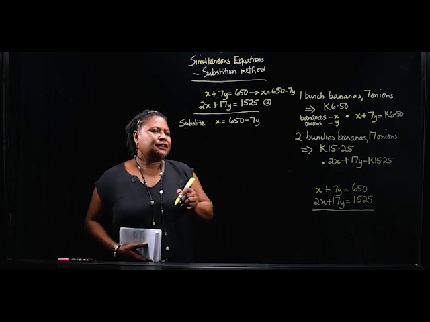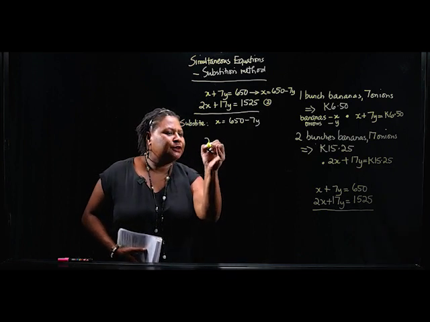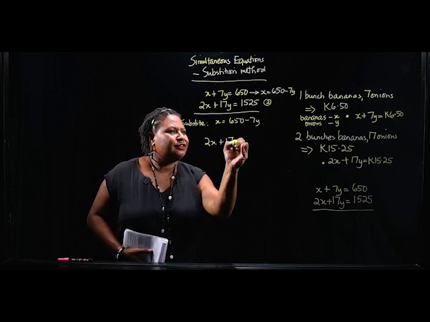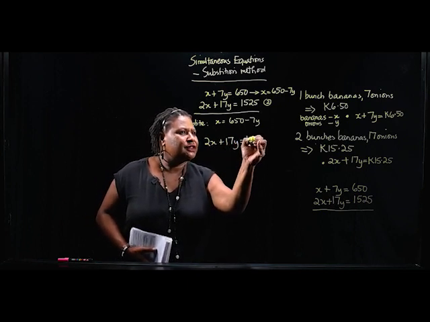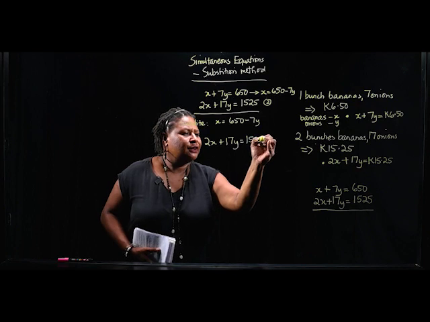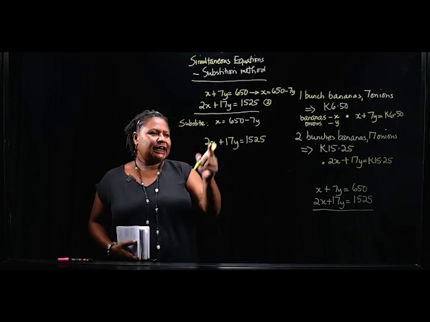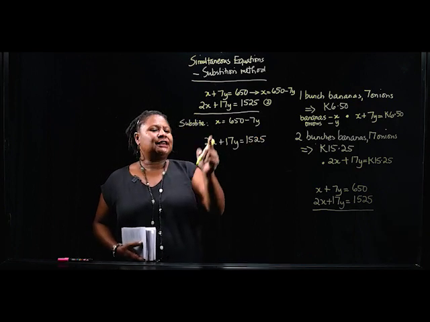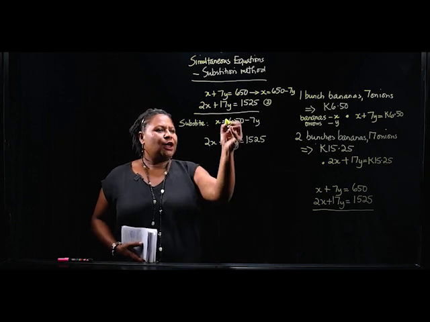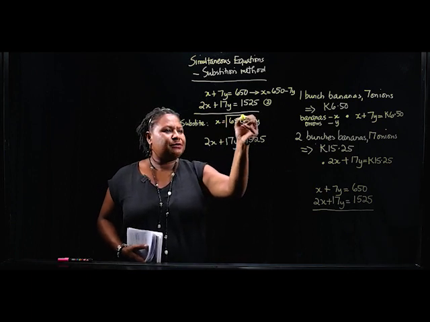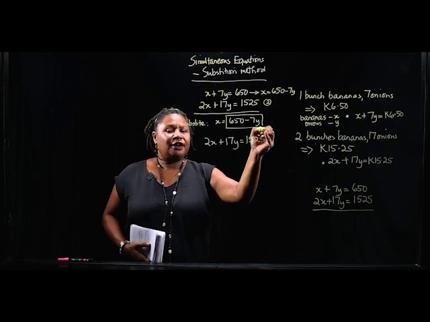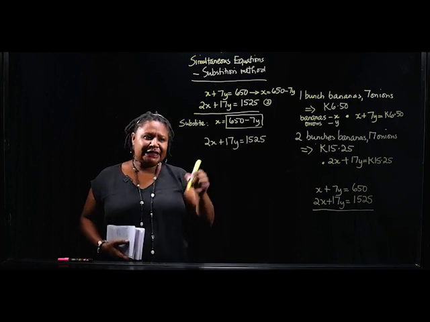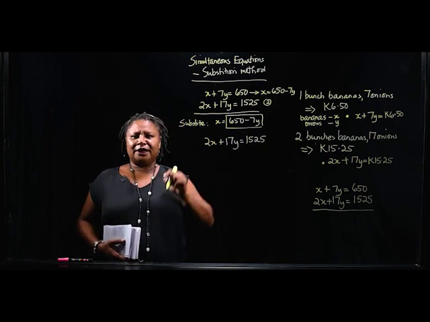So let's see, 2x plus 17y equal to 1,525. Instead of writing x in the equation here, we are going to substitute, or in other words, replace x with this part of the equation.